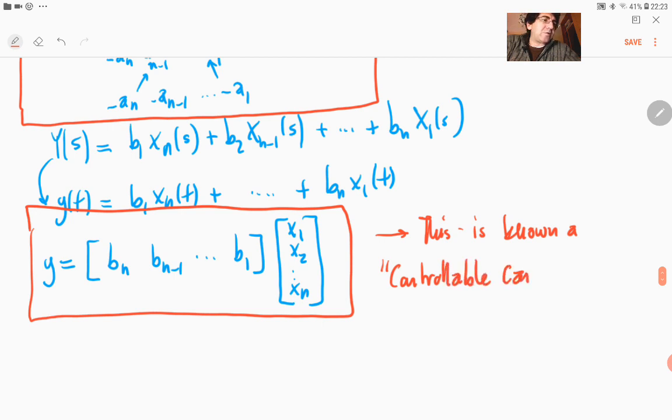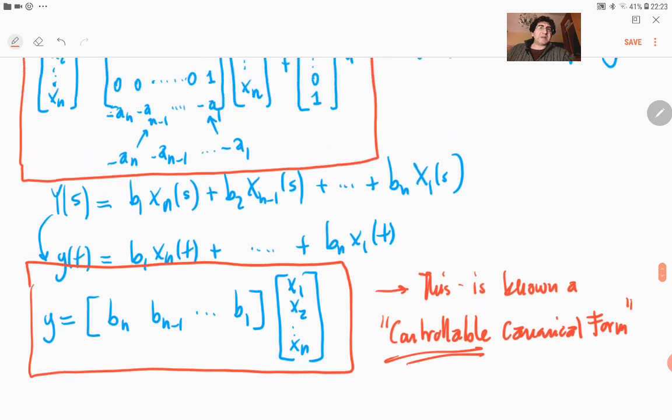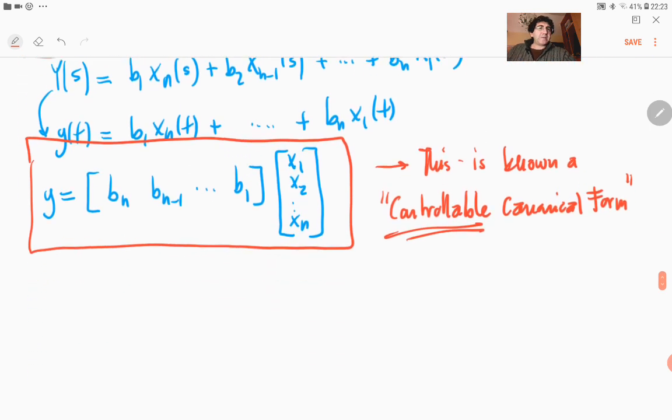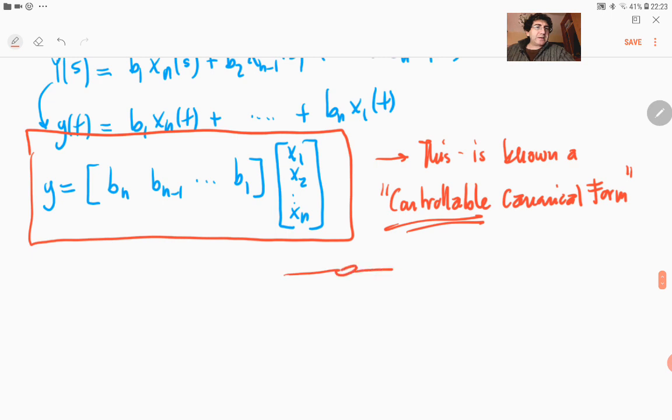You might be wondering why it's called the controllable canonical form. We will show that it's related with a property called controllability, and that's eventually related to being able to design a controller, a state feedback controller for this state space system. So let's break here and we will continue in the next video.